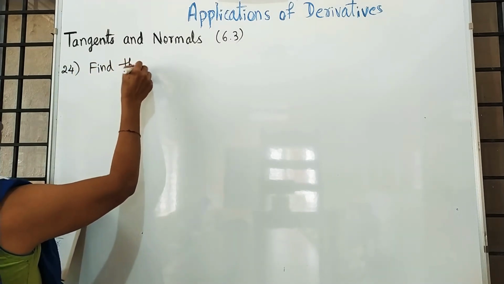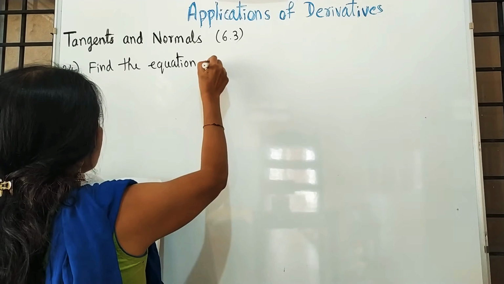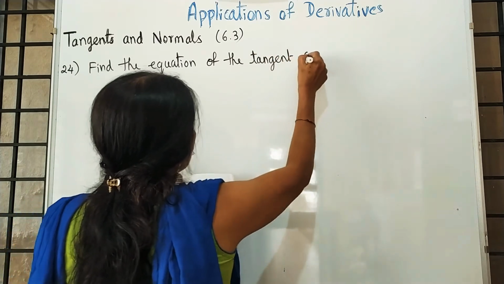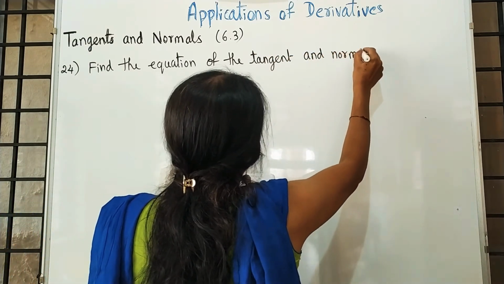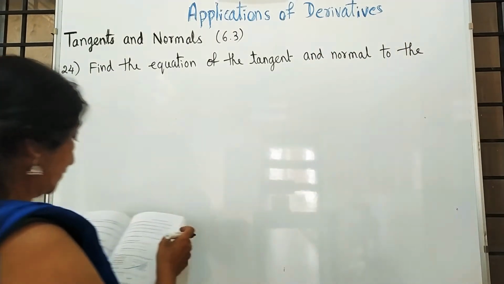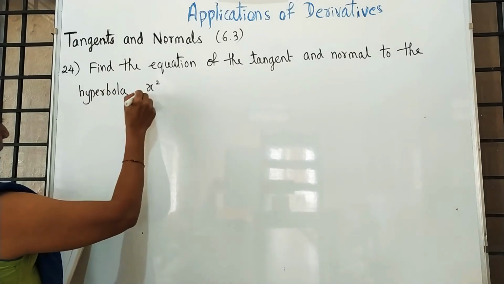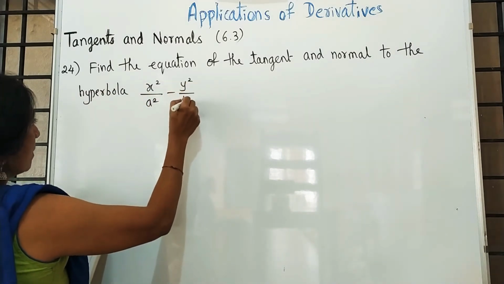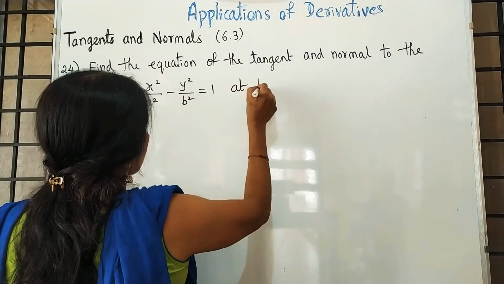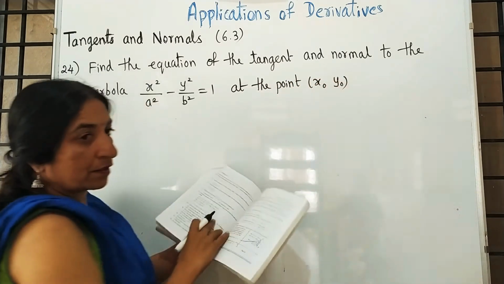Find the equation of the tangent and normal to the hyperbola x square upon a square minus y square upon b square is equal to 1 at the point x naught comma y naught.